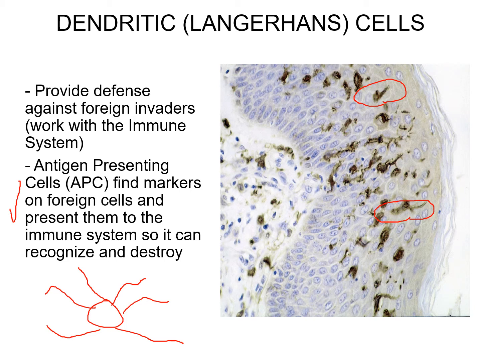And that's unfortunately where autoimmune conditions happen, where the body doesn't recognize its own parts, so it attacks them. But that's what's happening here. So if something was to get in your skin, like a foreign object, your body's going to do the best it can breaking that down and trying to destroy that, and that's the role of the Langerhans cells in the epidermis.